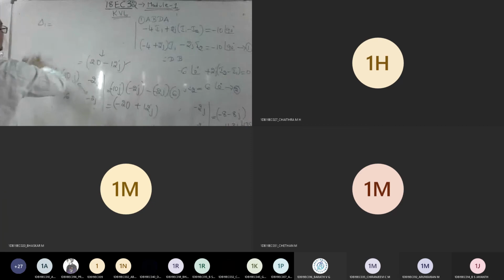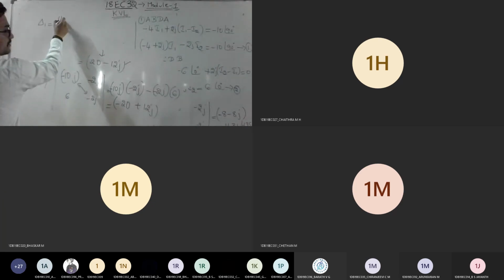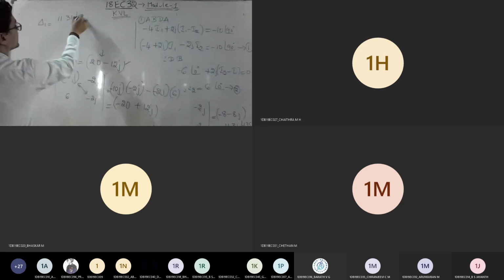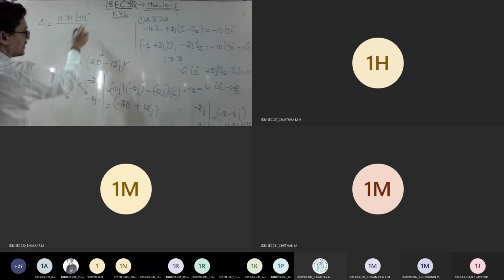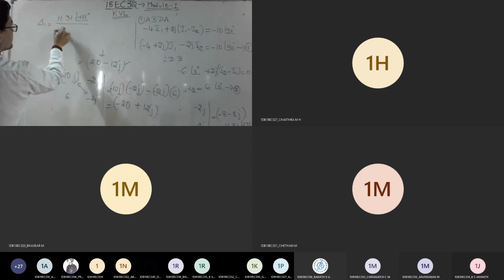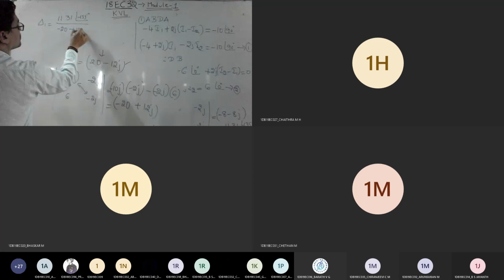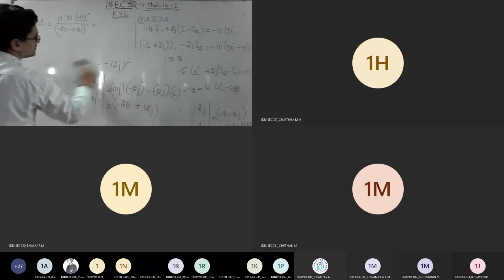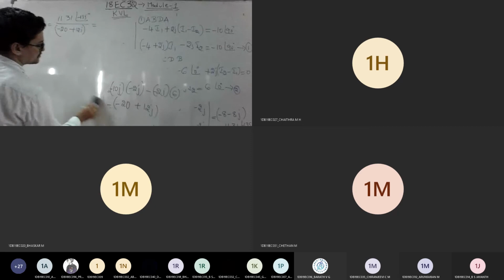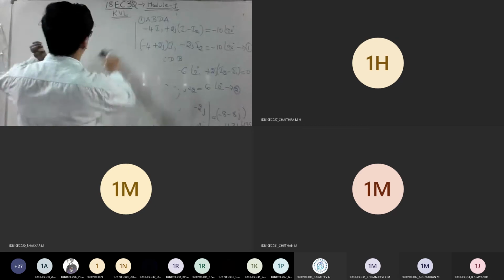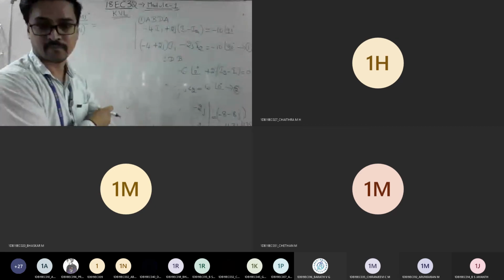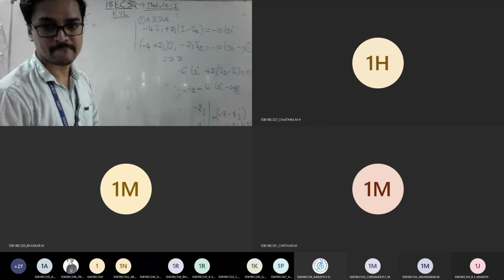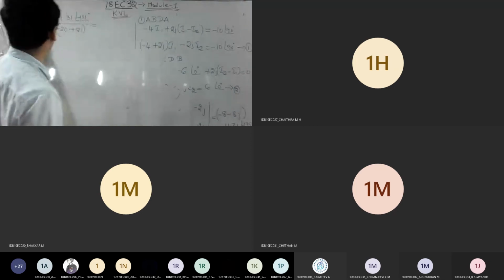What is delta 1 here? Its delta value is 11.31 at an angle minus 35 degrees. And what is the equivalent of this? So convert both of these and tell me what is the answer. So I1, not delta 1, it is I1.